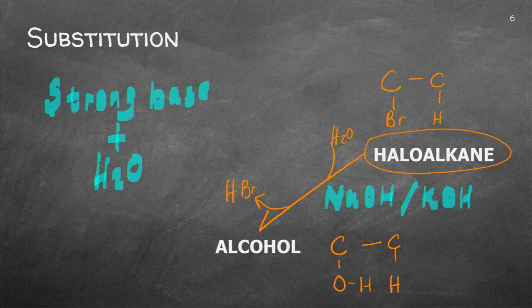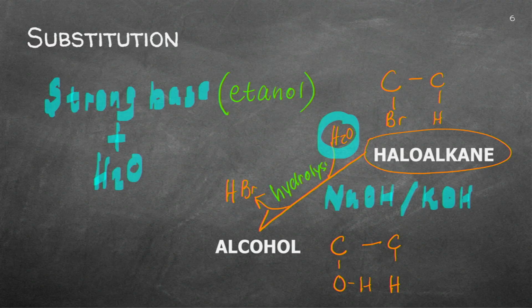Can you see we have to put in water there? So it has to be a strong base. And if you recall, we dissolve the strong base in ethanol. We've done this before. So what's the name? The name of the process is hydrolysis. And I am putting in water and I'm getting the halogen off.